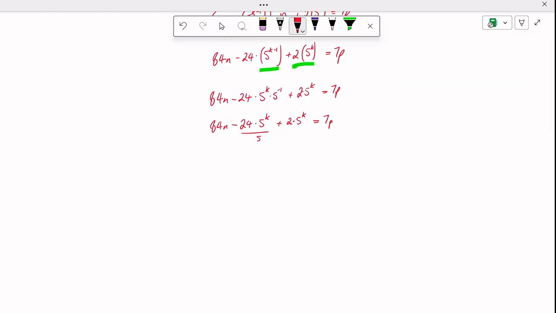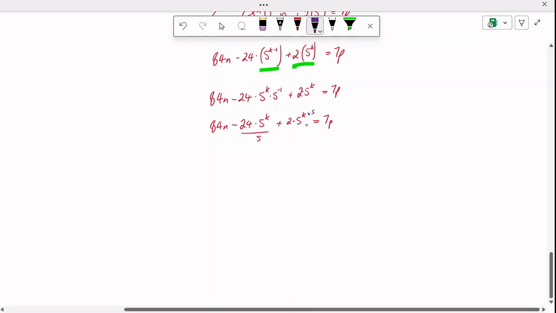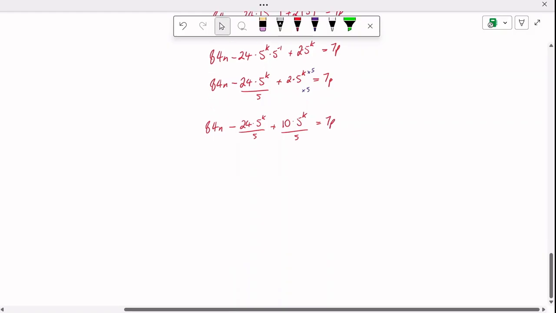To add these, I'd better make 5 a shared denominator. Now I can add them.